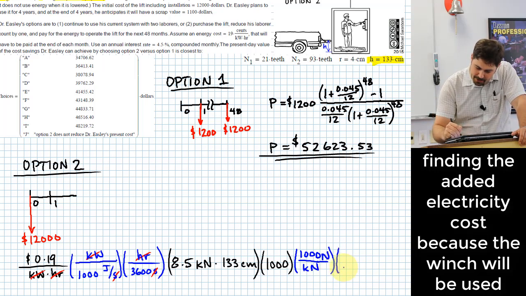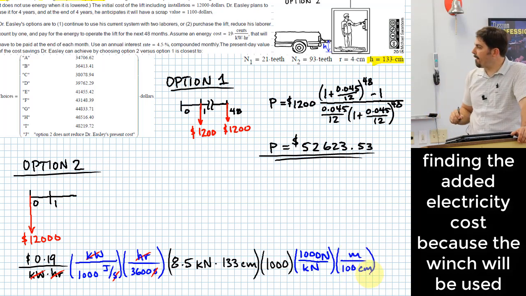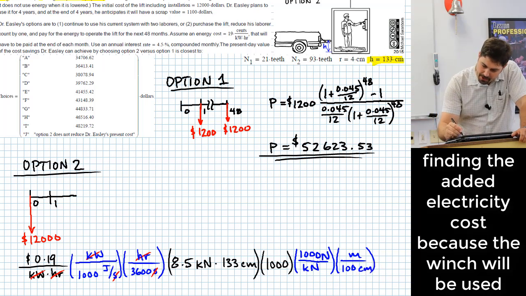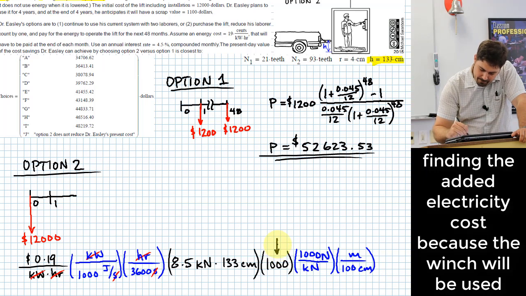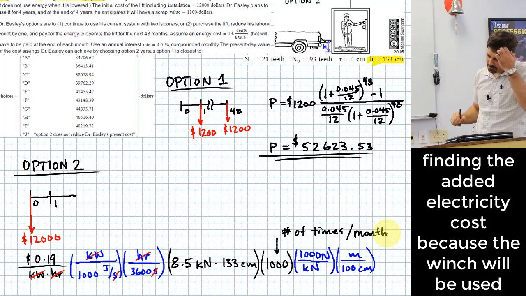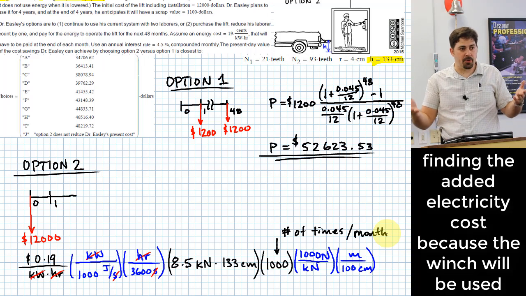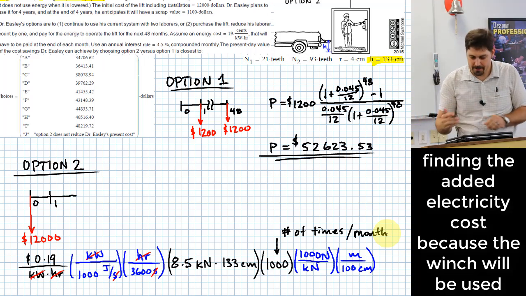Should I get rid of my centimeters? 100 centimeters in a meter. Okay, this is the number of times we have to do it per month. Number of times per month. Okay? Because that represents the total amount of energy per month that you got to spend on this.